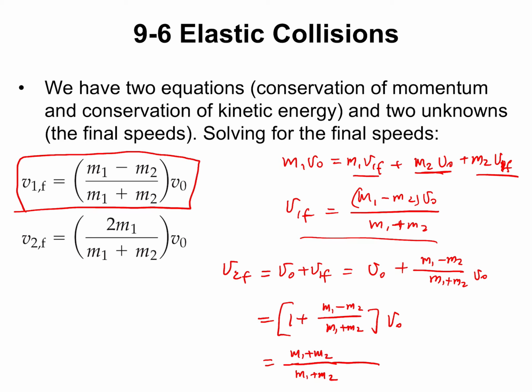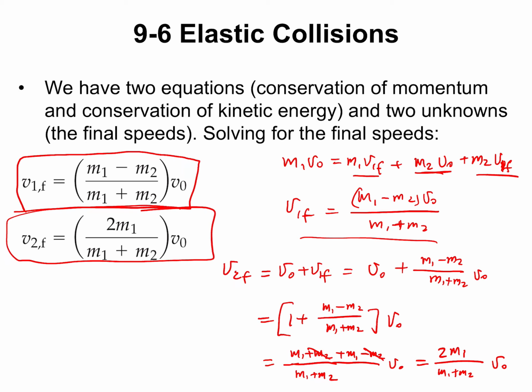Factor out v0: this equals (m1 plus m2 plus m1 minus m2) v0 over (m1 plus m2). So m2 cancels, and v2f equals 2 m1 v0 divided by (m1 plus m2). So we got this equation.